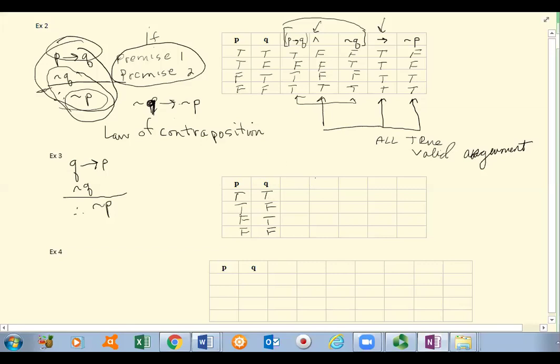So our statement is going to be this: if Q then P, and not Q, then not P. Let's see what happens when we analyze it like this.